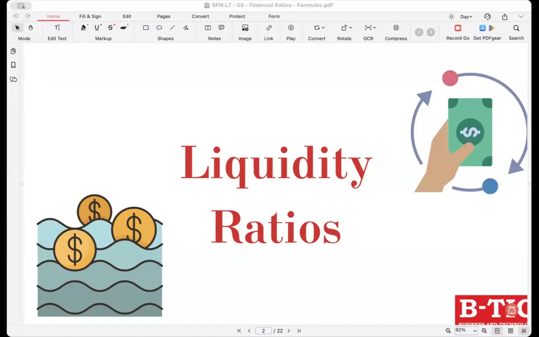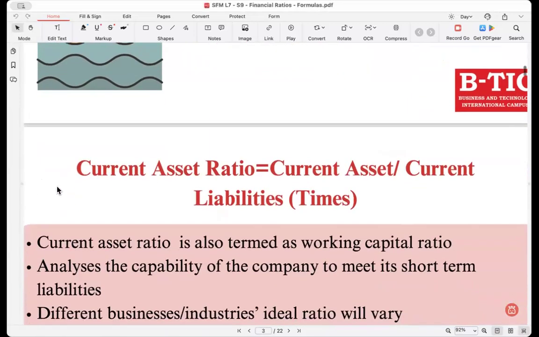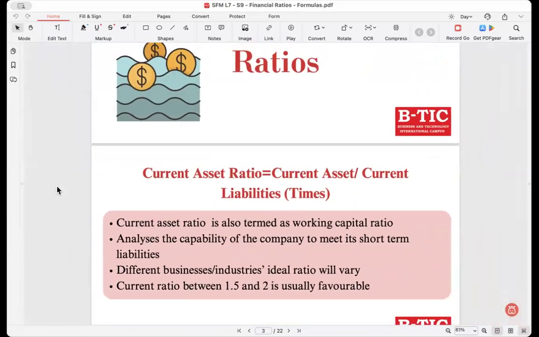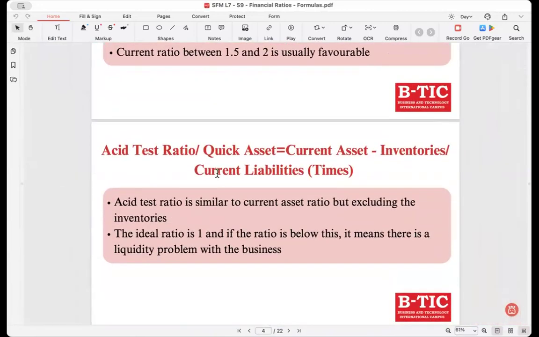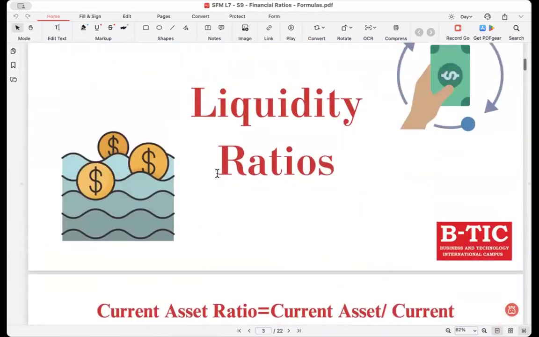So this is where the company is going to find out whether they have the capacity to pay its short-term debt. Under liquidity ratios, we'll be learning the current asset ratio and the asset test, also known as the quick asset ratio. These are the two main ratios that we'll be learning.